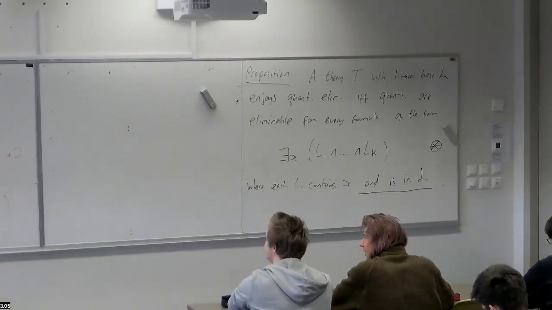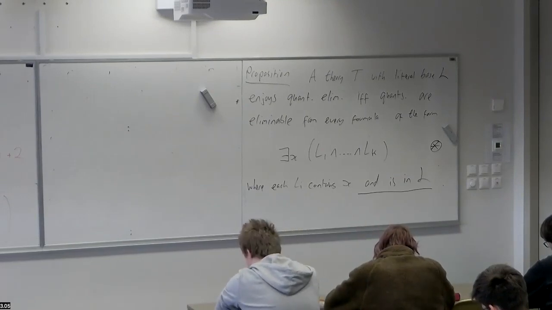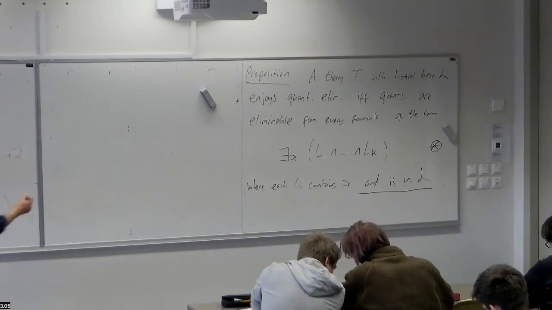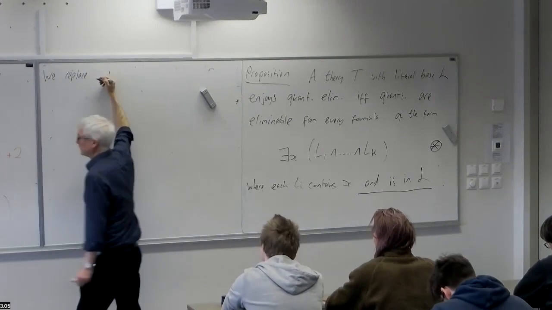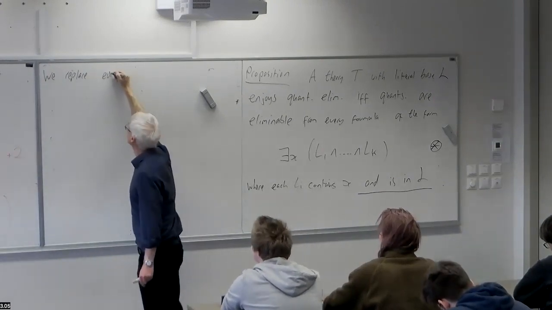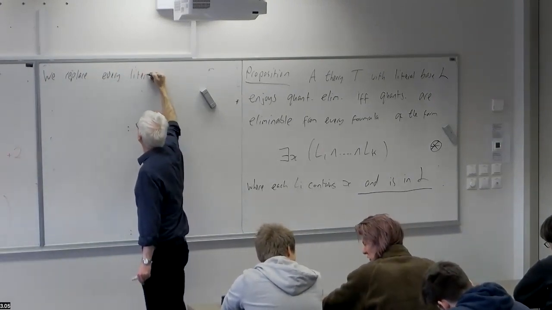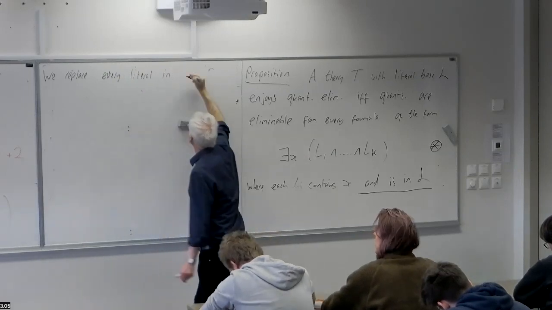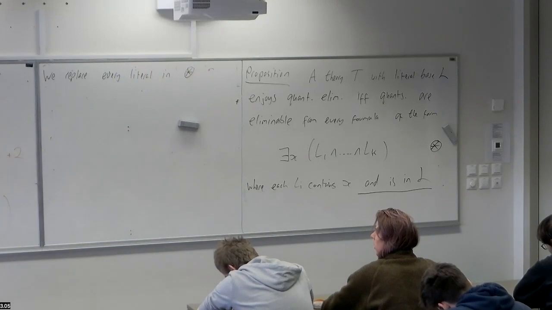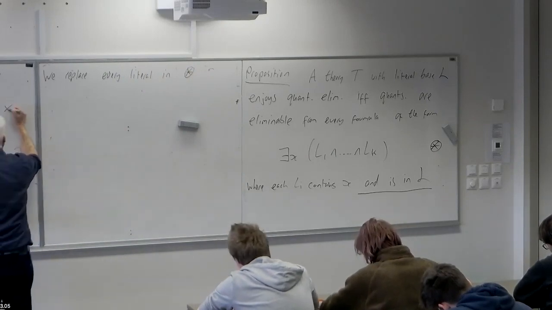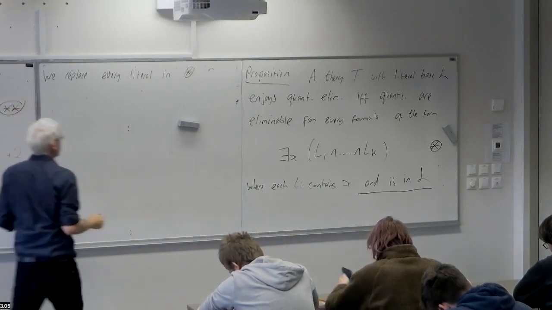So what we do is we've got the star that we want to eliminate the quantifiers from. We replace every literal in star with one of this form. Actually, in my notes, I call it star star.